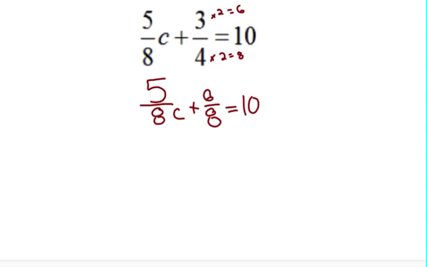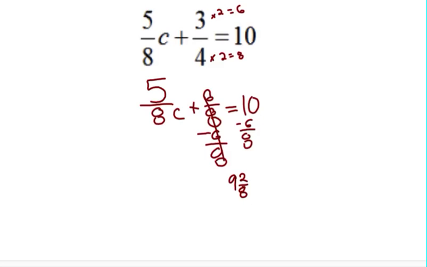Secondly, you should subtract 6/8 from both sides, because subtraction is the opposite of addition. Ten subtracted by 6/8 equals 9 2/8.